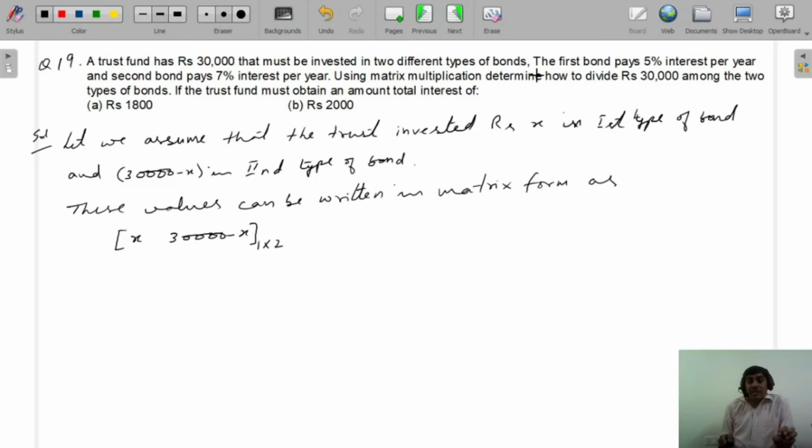The trust gains 5% interest from the first type of bond and 7% interest from the second type of bond.